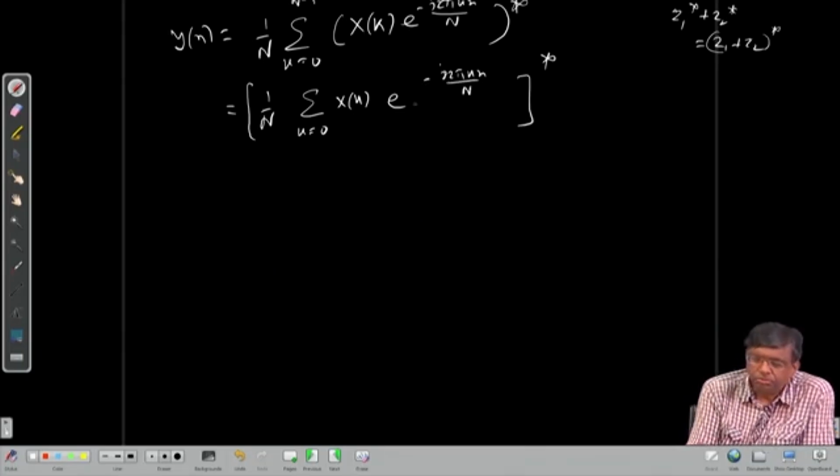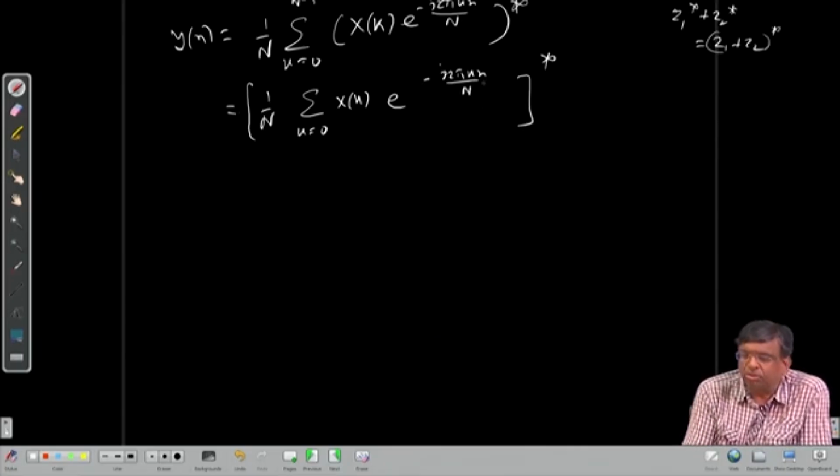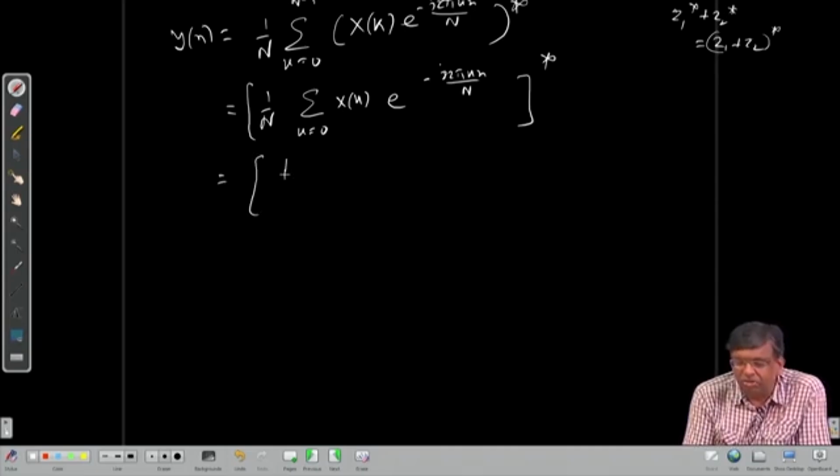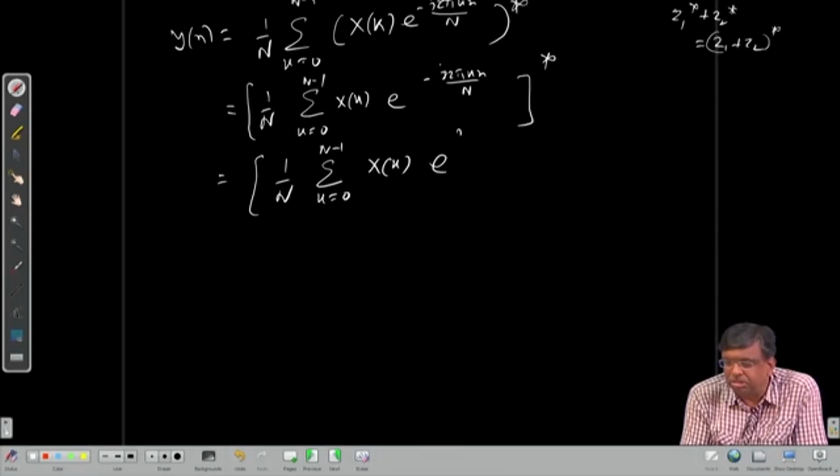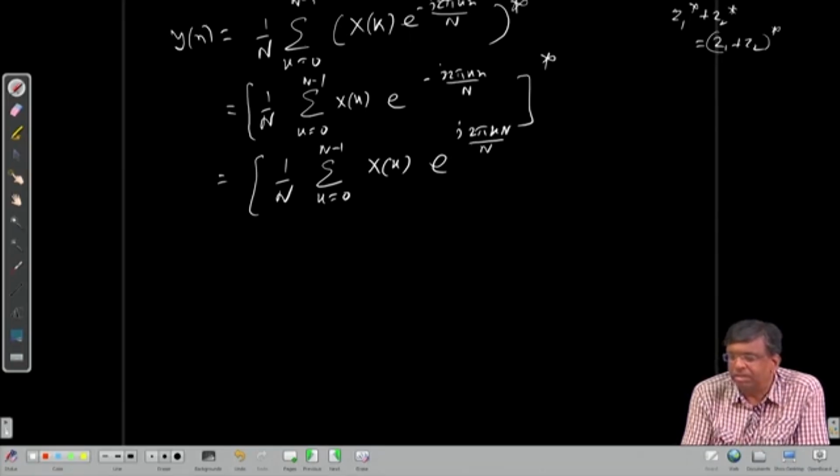Now, this inner summation I want to write in the IDFT form. So, there I should not have the minus sign. The minus sign comes in the DFT. Therefore, what I will do is bring in the factor e to the power j 2 pi k capital N by N. You see, N and N cancel and k is an integer, so e to the power j 2 pi k is always 1.